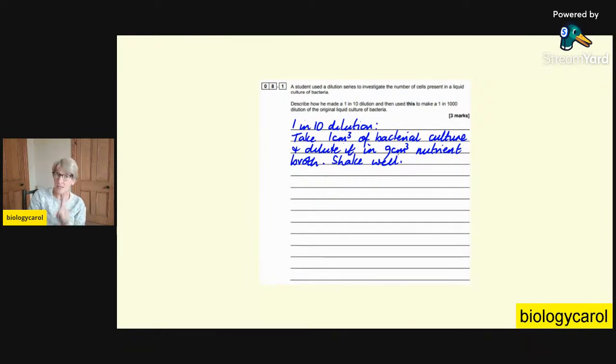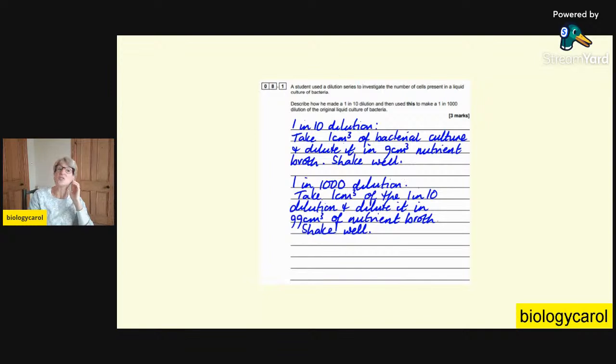How would I use this dilution then to make a 1 in 1,000 dilution? Well, now we've done 1 in 10, but we need to dilute it again by another factor of 100, because 10 times 100 equals 1,000. So now I've got to make a 1 in 100 dilution of this dilution.